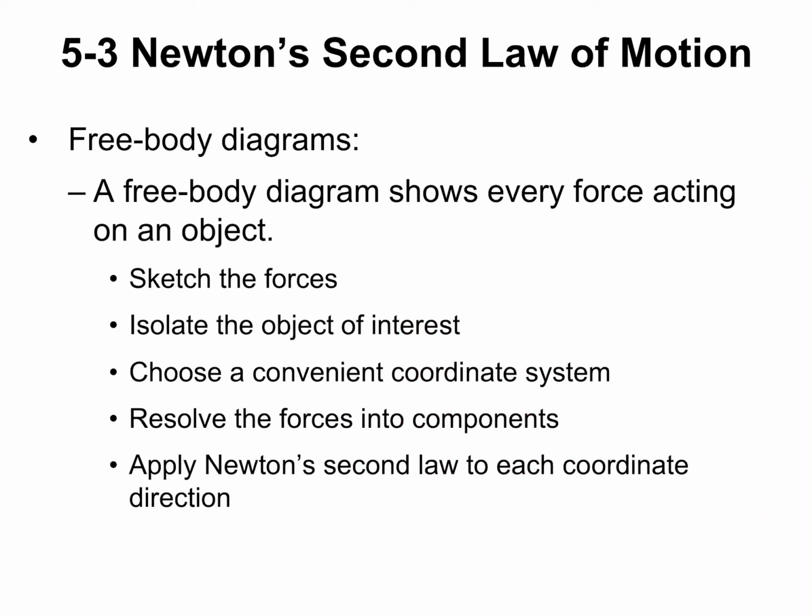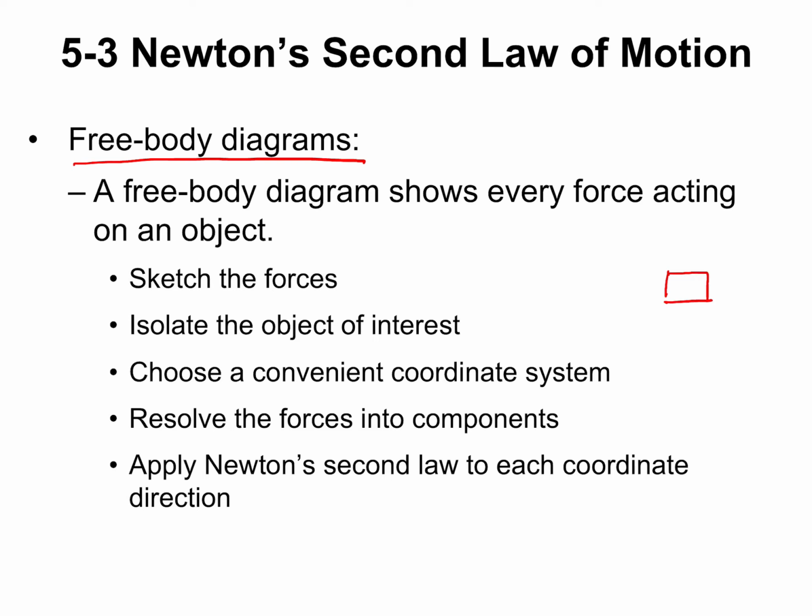All right. When we solve Newton's second law problems, we have to build something called a free body diagram. You have to take the object out of its environment, regardless of what kind of environment.